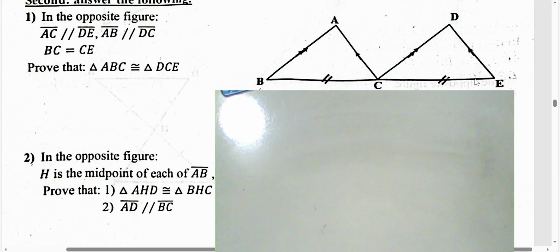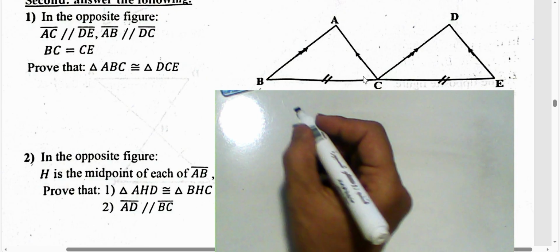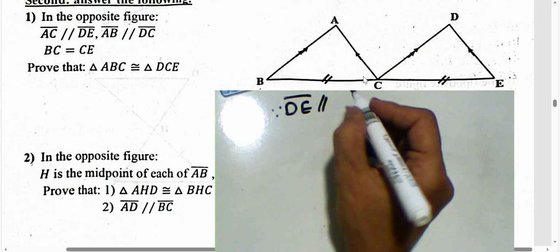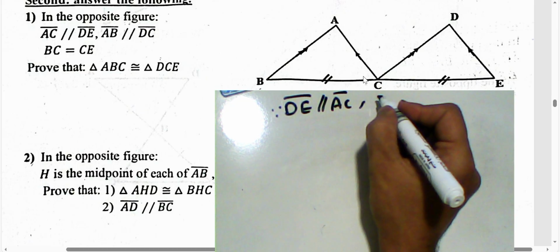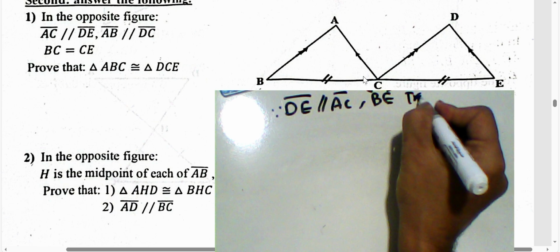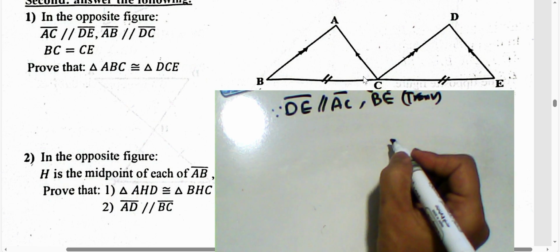Next question, second one. We want to prove that the two triangles here are congruent. First, we have parallel lines. ED is parallel to AC and EB is a transversal of them. The measure of angle A is equivalent to the measure of angle C. We call them corresponding angles. It's a condition. I will write here such that DE is parallel to AC and PE is a transversal of them, okay?